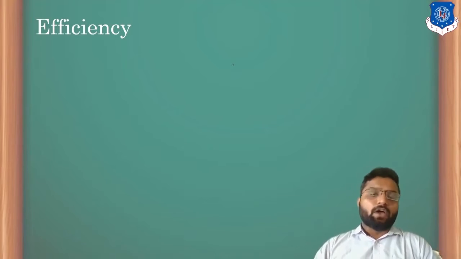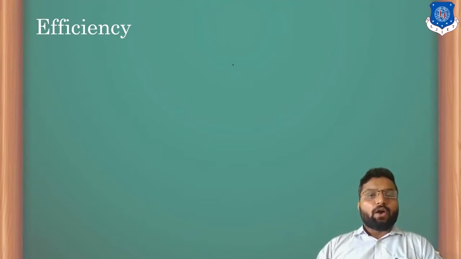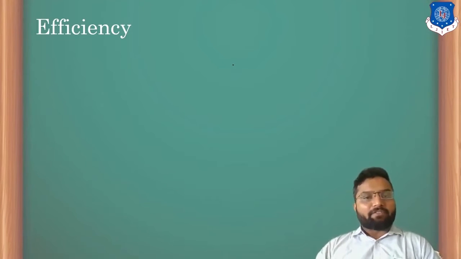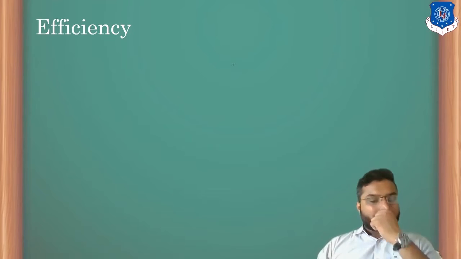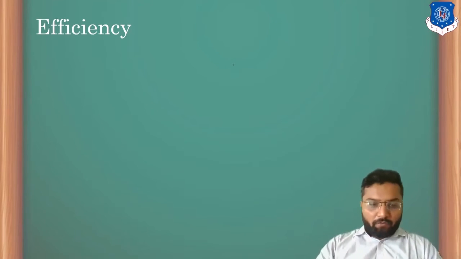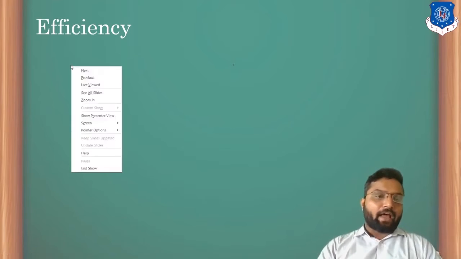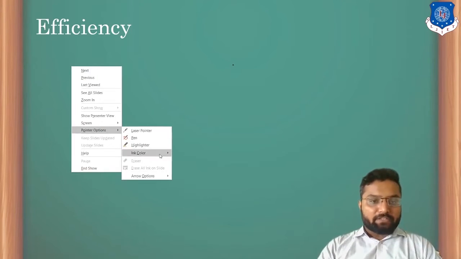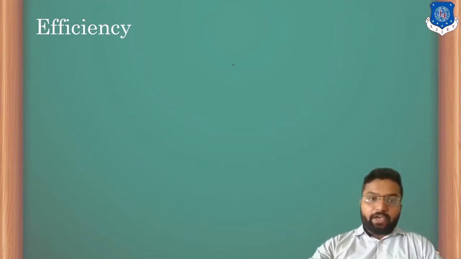Efficiency is nothing but work done divided by input power given. For the worm and worm wheel, our efficiency is always going to deal with our velocity ratio.